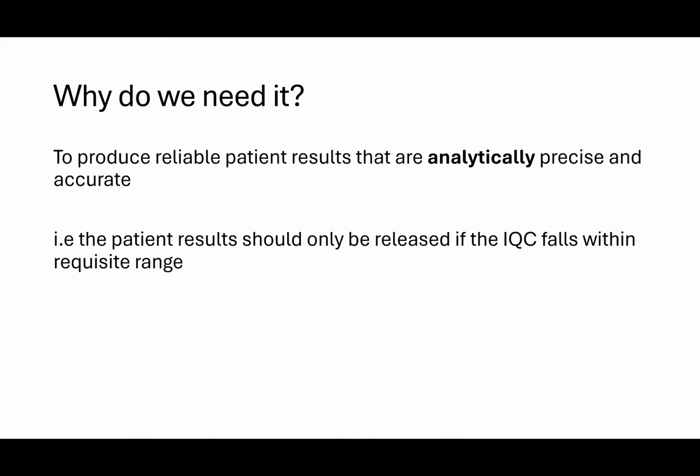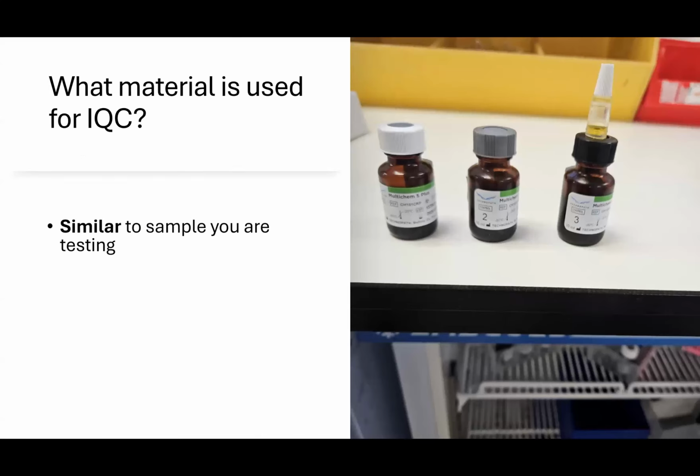So what actually is IQC material? Well, this is a picture of some that we use in our laboratory. It's often liquid that's ready to use or freeze-dried material. And it's supposed to resemble human serum, plasma, blood, urine, CSF. Matt mentioned the effect a matrix can have on an assay the last time.